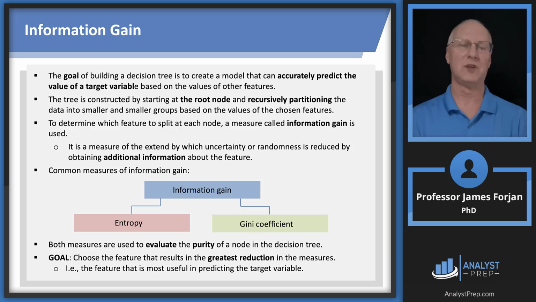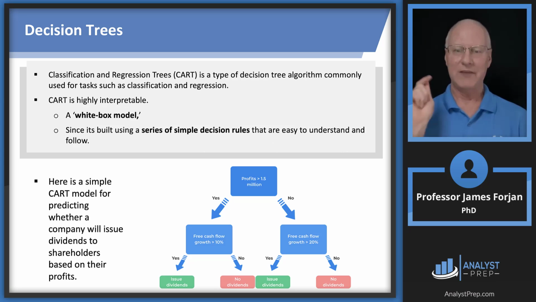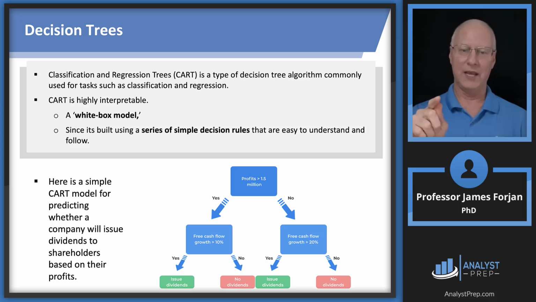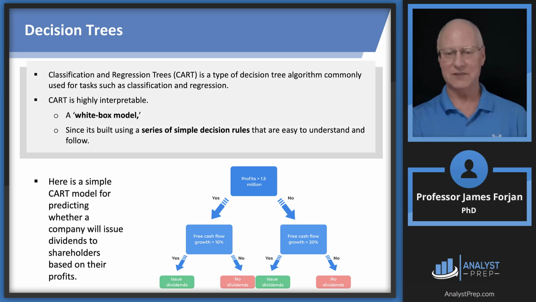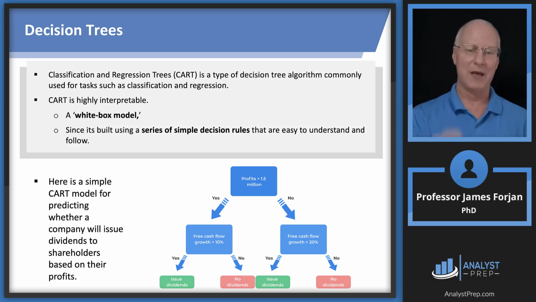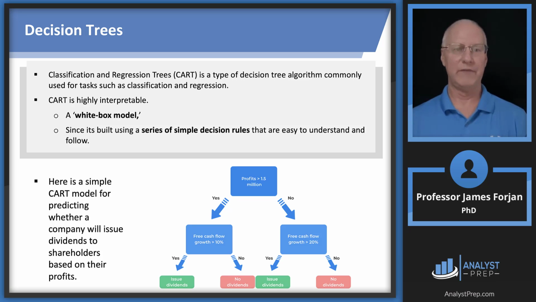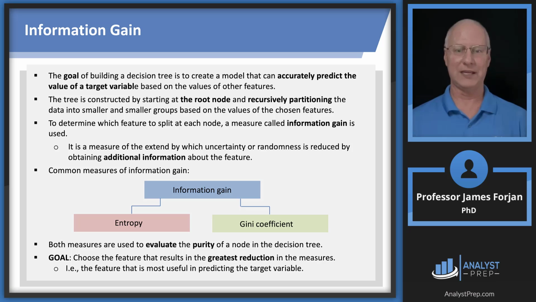So this brings in the concept of information gain. And so think about this. In this simple model, if every time a firm had profits in excess of 1.5 million, and every time that particular firm had free cash flow growth in excess of 10%, if every time that firm issued dividends or increased its dividends, or whatever it is that we're trying as our output or terminal node, if every time that was totally accurate, well, then there would be no information gain, right?